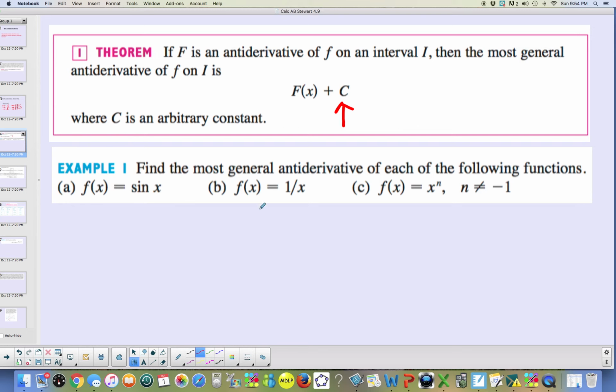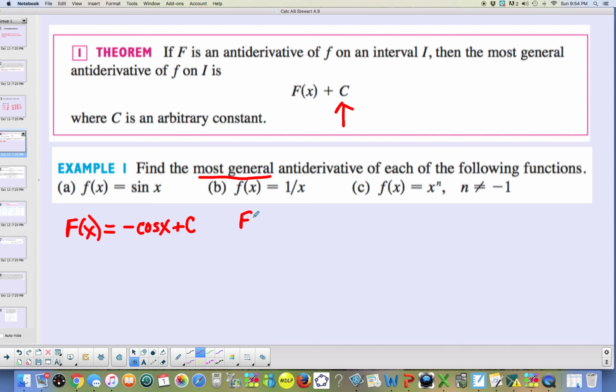So let's find the most general antiderivative for the following. Now I just have to think backwards. What function is going to give me the sine of x? It's going to be negative cosine of x. And when I take that derivative, it'll be sine of x, but the most general, which is what they're asking, I'm going to have to put plus c, meaning that I could have any constant being added.